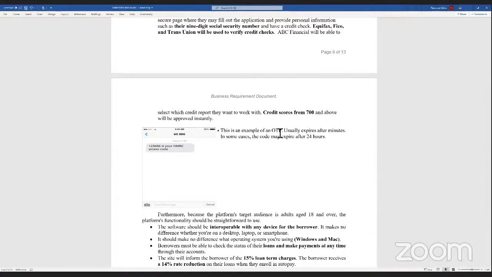So maybe they can choose to go with Equifax because they feel Equifax is reliable. I just gave all 3 options. That way it doesn't limit the borrower's prospects, because sometimes you could have a good score on Equifax and then TransUnion is something else altogether.